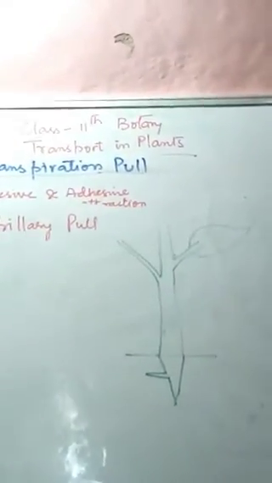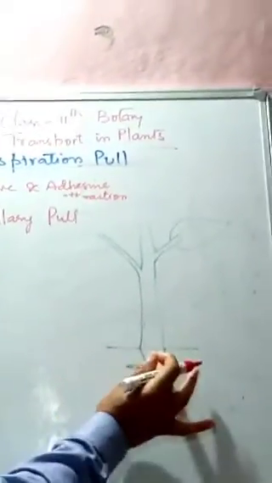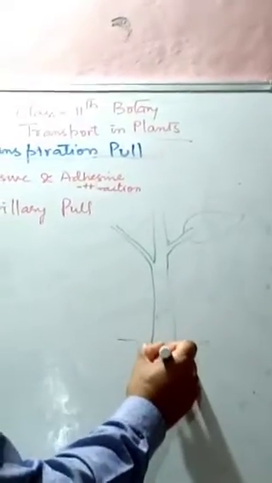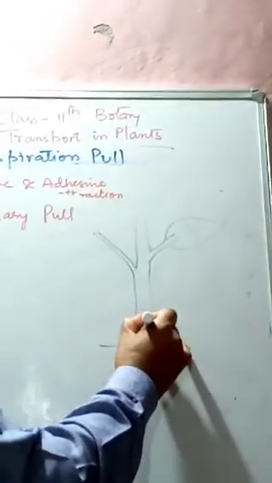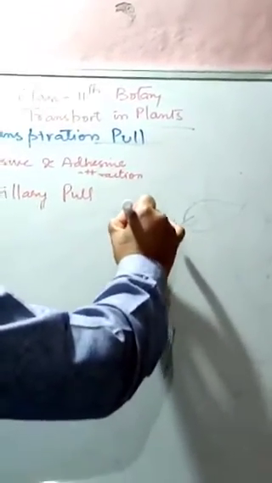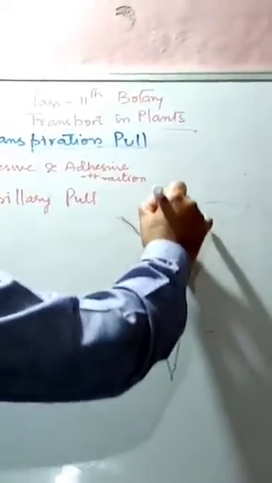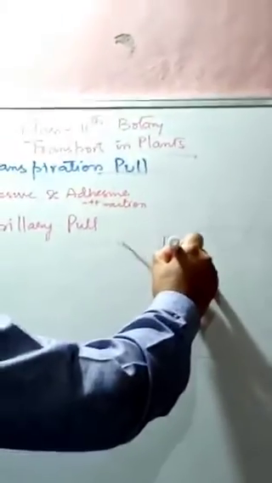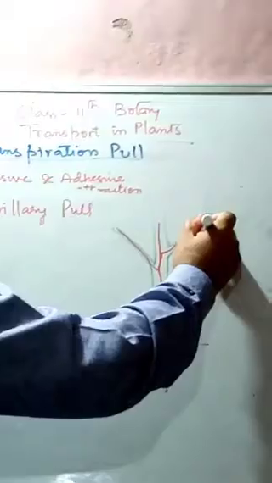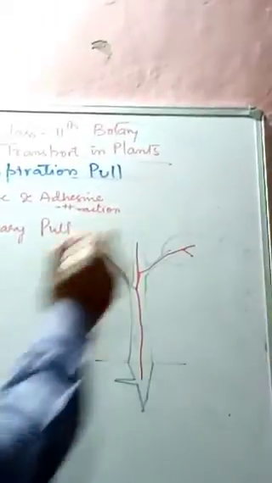Now these xylem vessels form a capillary; water goes inside through the root pressure. From the xylem it moves this way, it moves this way, it branches here through the midrib, and then here again it branches like this.